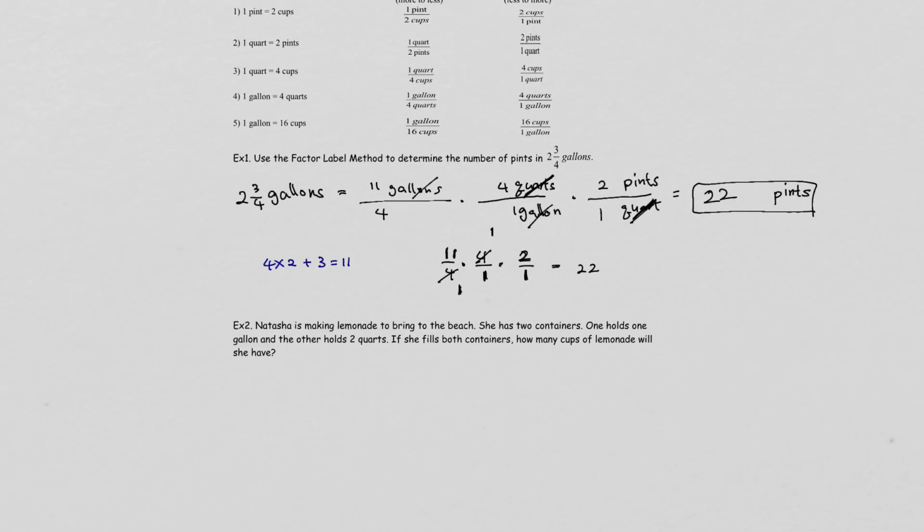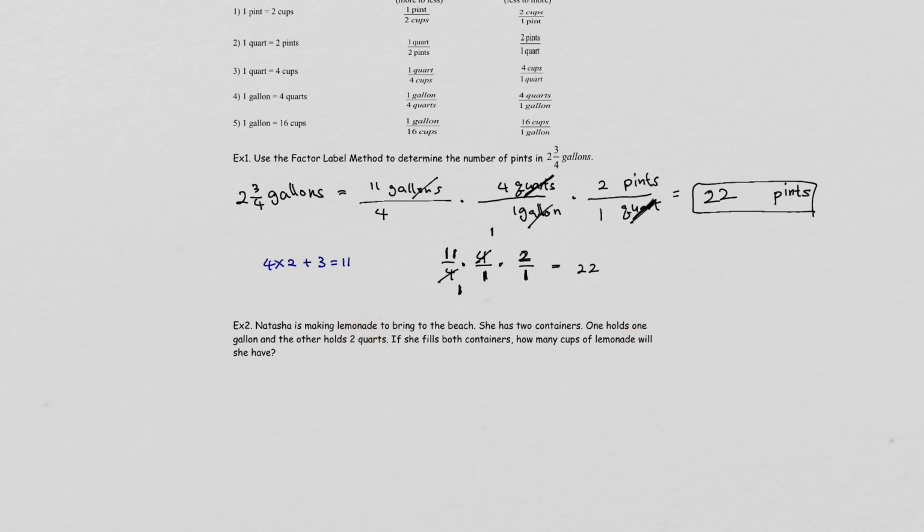Let's look at example 2. The problem is asking how many cups of lemonade she will have, so we want to bring the units into cups. What's given is that one holds 1 gallon and the other holds 2 quarts.